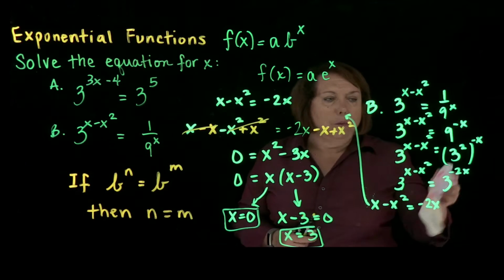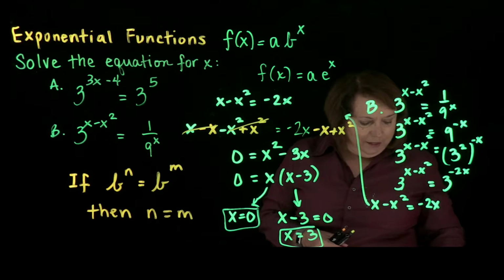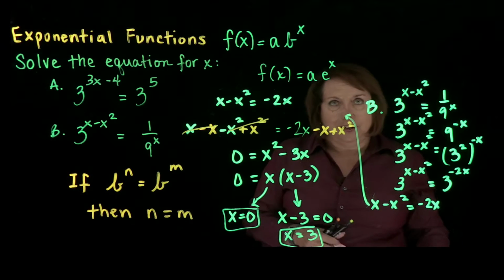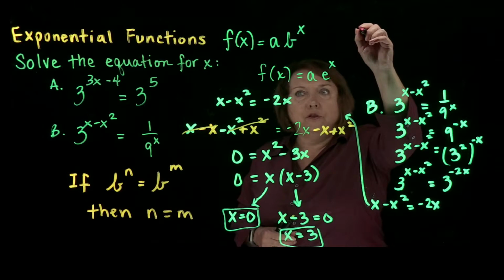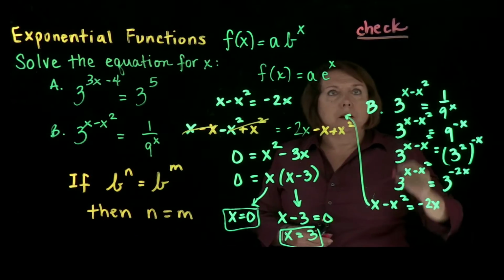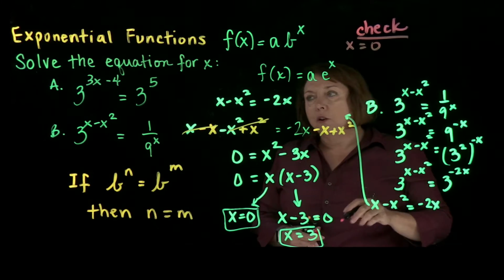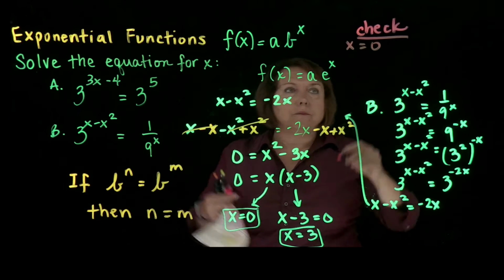Let's go ahead and erase here, and now I want to once again do a check to see if my solutions really do work. Let's see if I can just do my check up here. Okay, so let's check x equals 0 in the original equation right here.